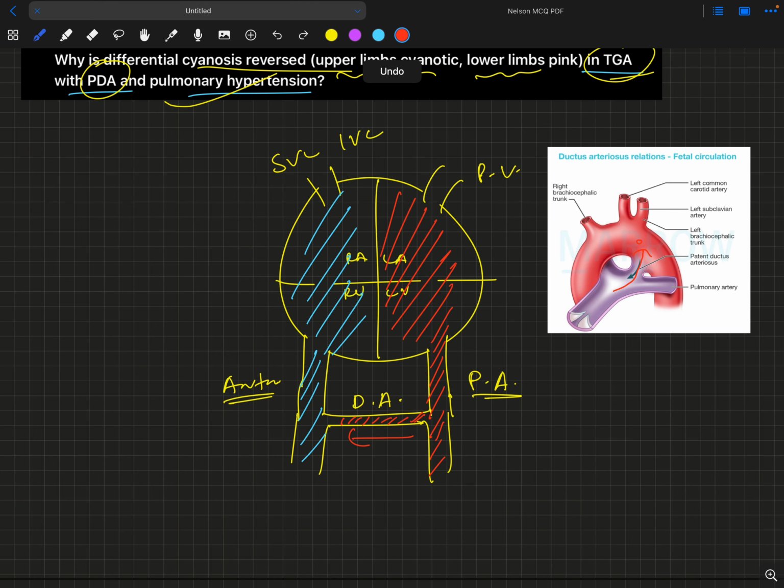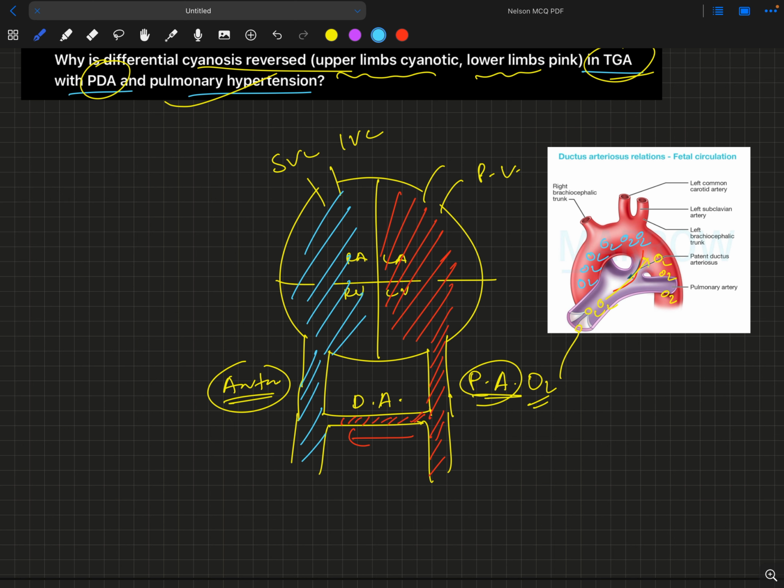From the pulmonary artery, oxygenated blood moves like this. And the aorta is carrying deoxygenated blood. I am writing it in blue. So deoxygenated blood is coming like this.